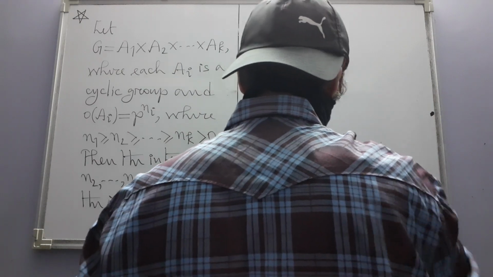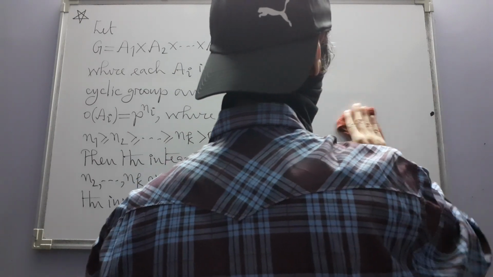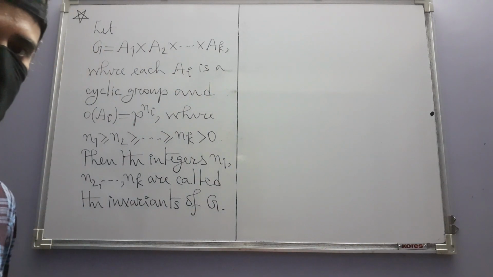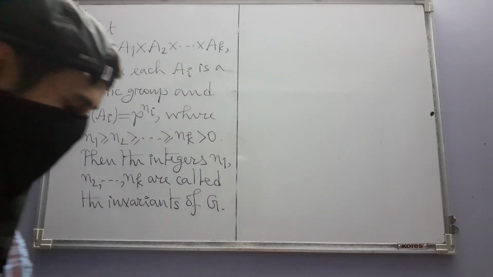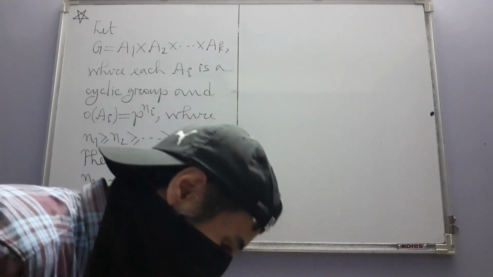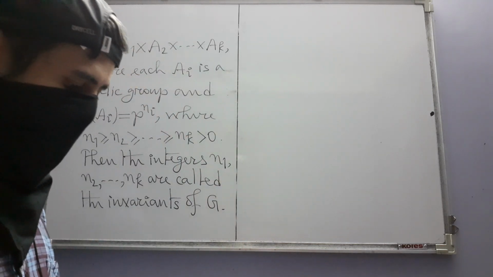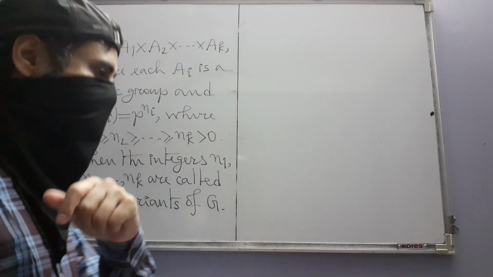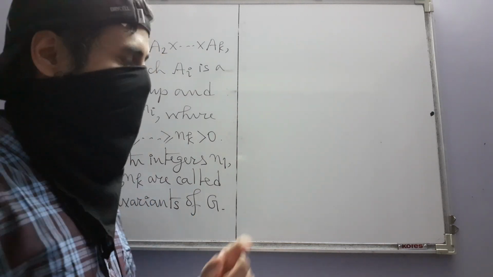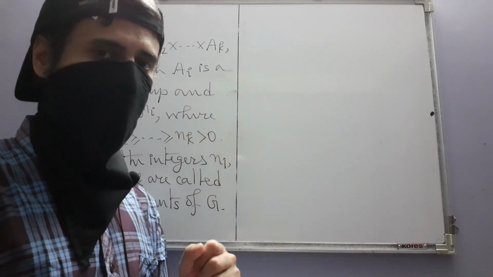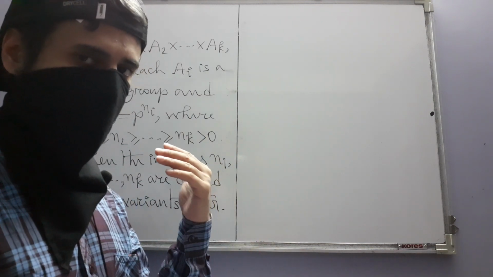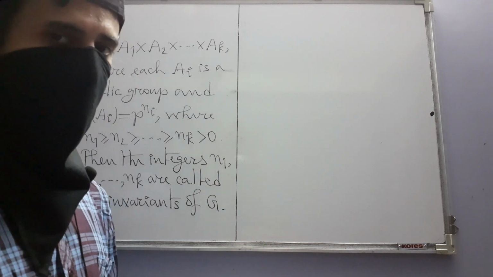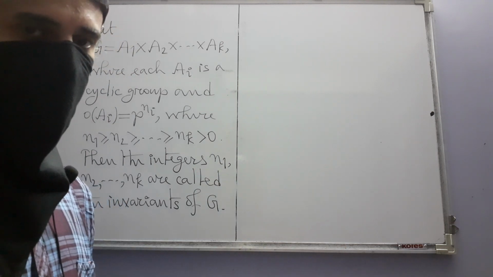And because these numbers are unique, they are uniquely determined by G. Now, one must also understand that these numbers are unique, but the cyclic groups that we see in such a representation of G as a direct product themselves are not necessarily unique.